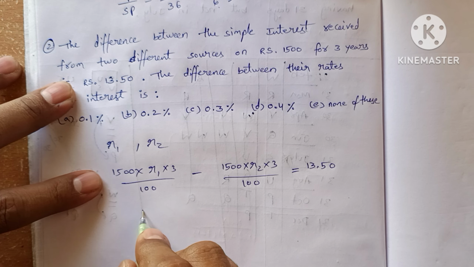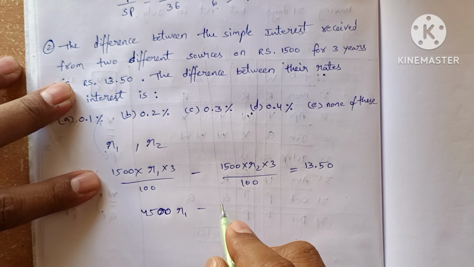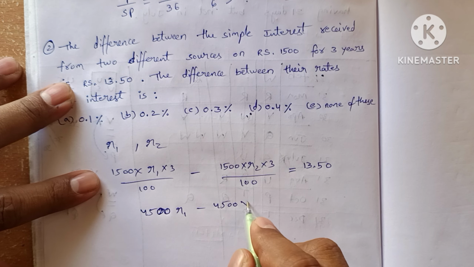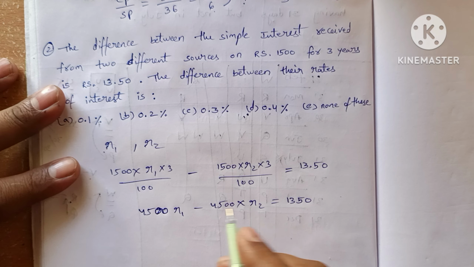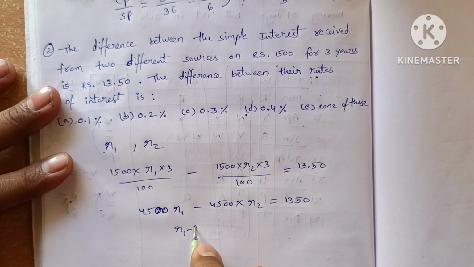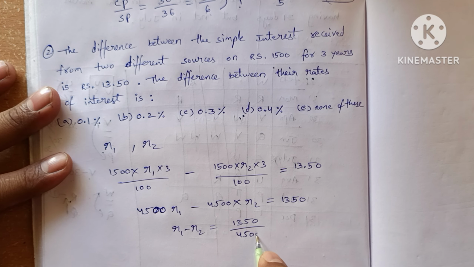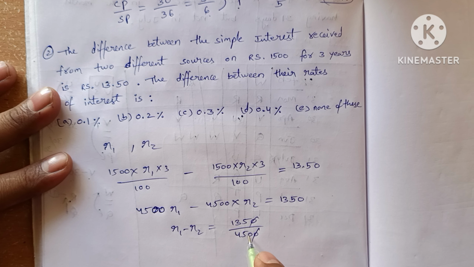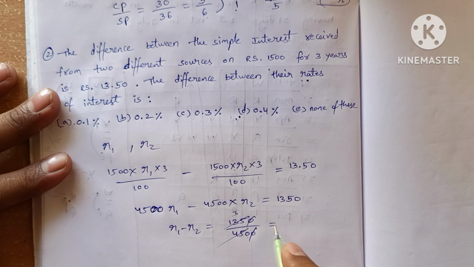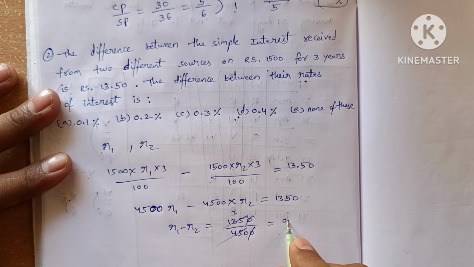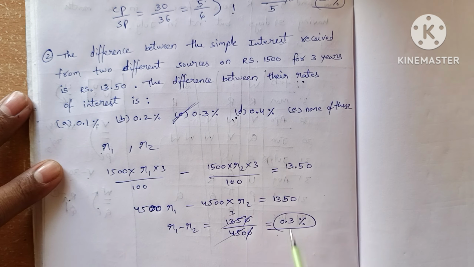This will be 4500 into R1 minus 4500 into R2 equals 1350. Now R1 minus R2 will be 1350 divided by 4500. 0 cancel. 45 3 times is 135. So 3 by 10 is left, 0.3%. So our answer will be 0.3. So option C is true here.